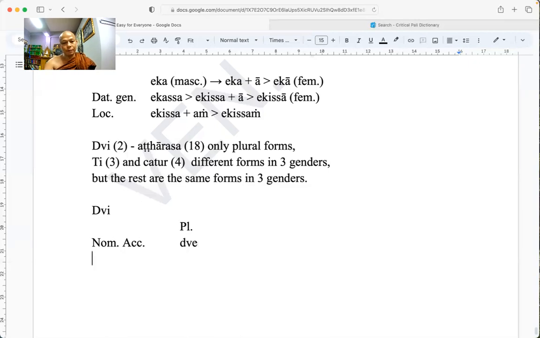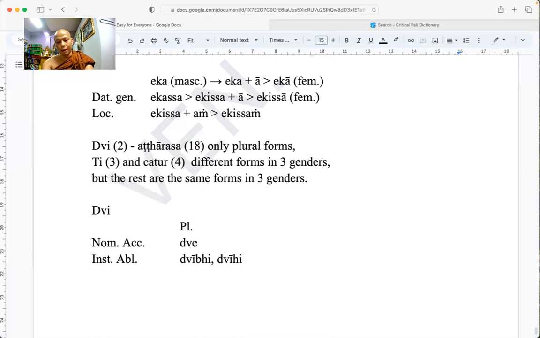And then for the instrumental and the ablative, dui bi, and then dui hi.